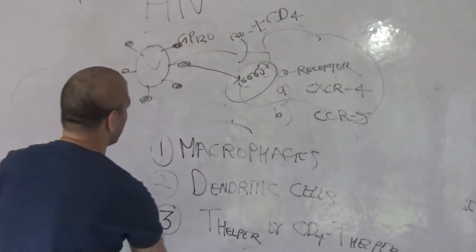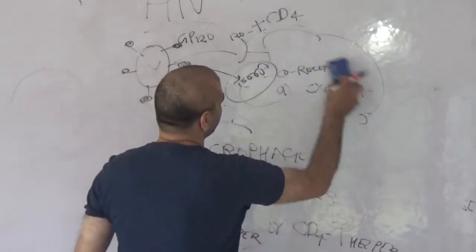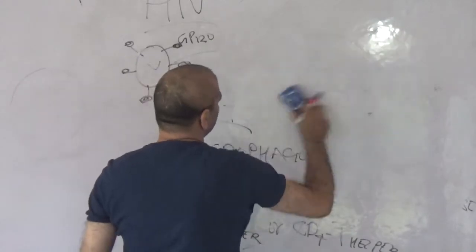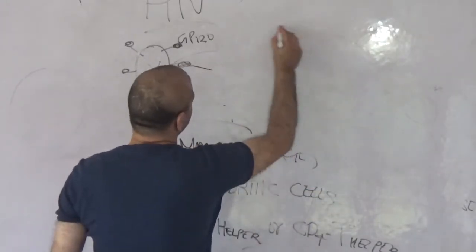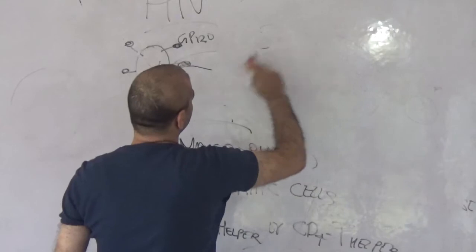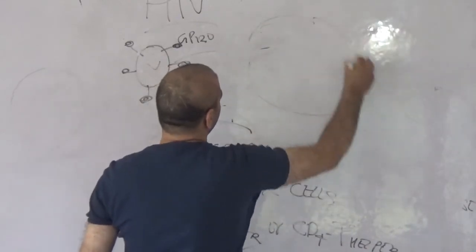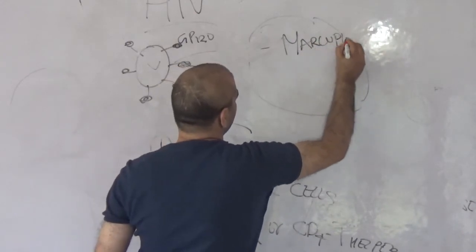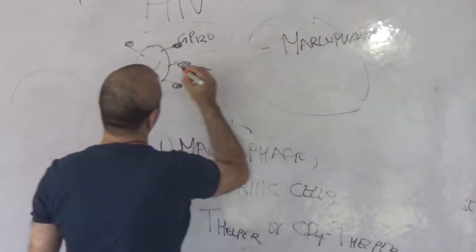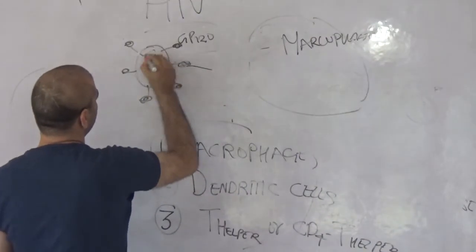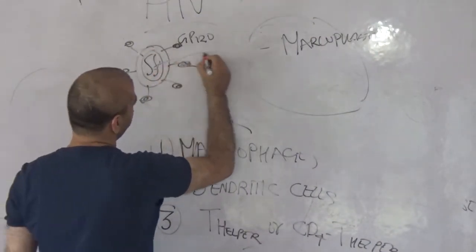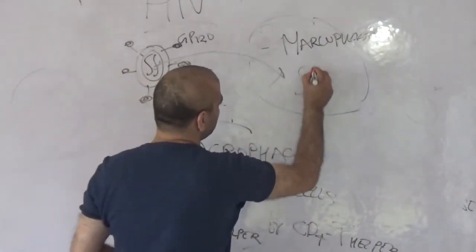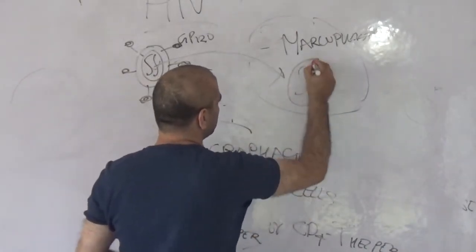But in normal cases, once this virus interacts, this interaction will bring it into the macrophage. The virion has its capsid surrounded by its envelope. It will insert its single-strand RNA along with the capsid.